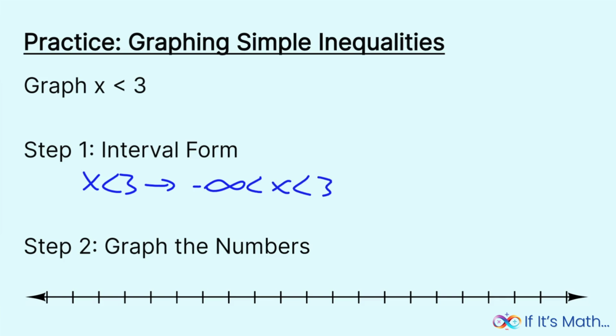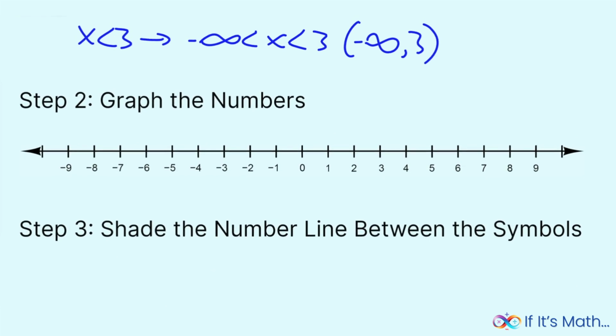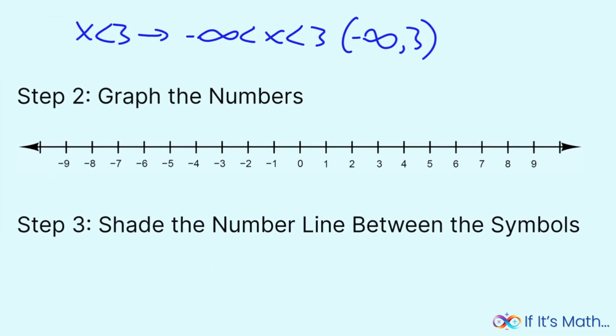So that becomes negative infinity to 3. Then step 2, you're going to graph that. 3 has the right parenthesis, and shade it all the way down to negative infinity with an arrow.